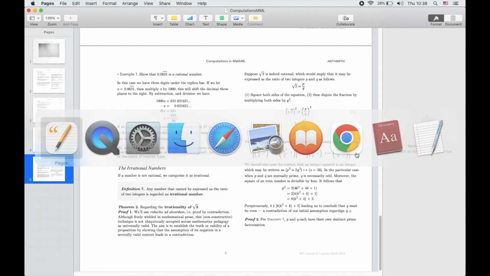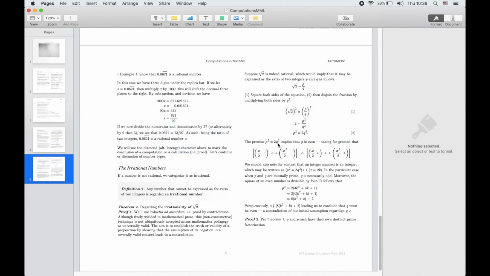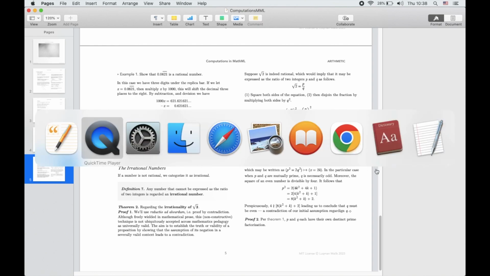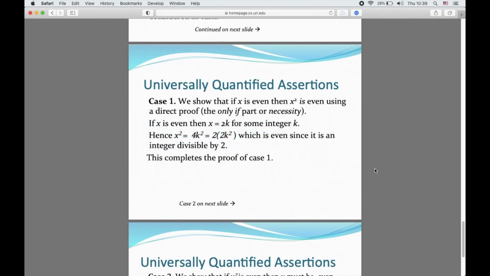All right, and I don't actually bother with proving this claim or this pair of claims, but if you go online, or in a number of textbooks, you can very easily find proofs for these cases. So we show that if x is even, then x squared is even using direct proof.